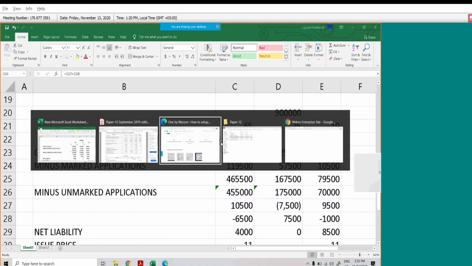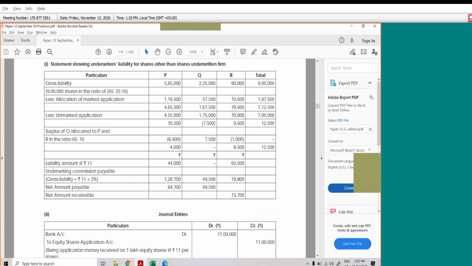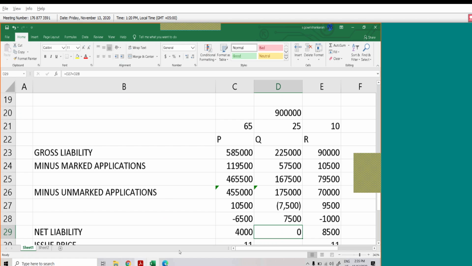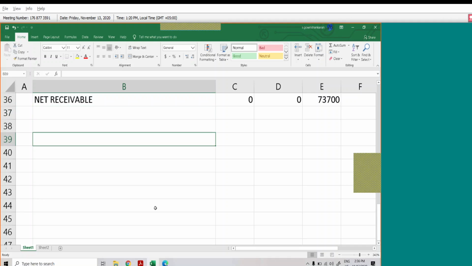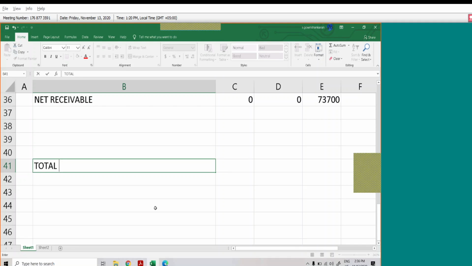Underwriters purchased how much? What is the net entry? In the journal entry, totally 9 lakh shares, correct? Minus underwriters.